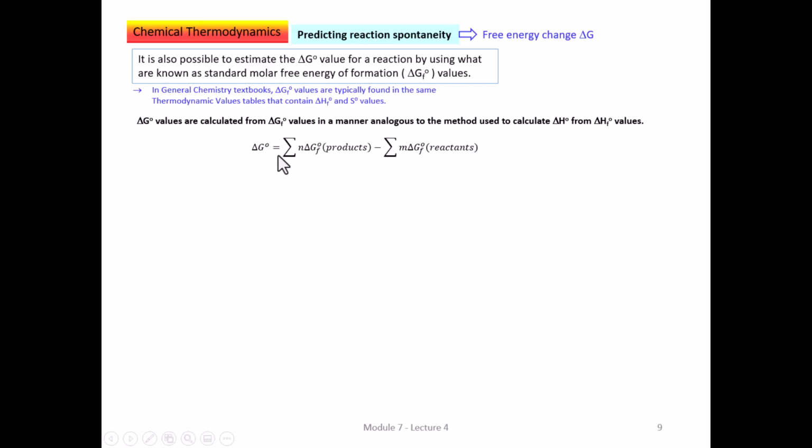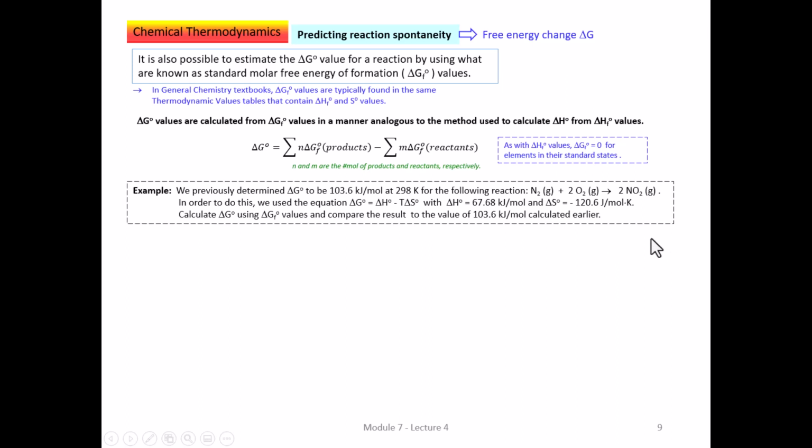So we just take the sum of the free energy of formation of the products and subtract the sum of the free energy of formation of the reactants, and we need to keep track, of course, of how many moles of products and reactants we're dealing with. Now, as with heats of formation values, the free energy of formation value for any element in its standard state is 0.